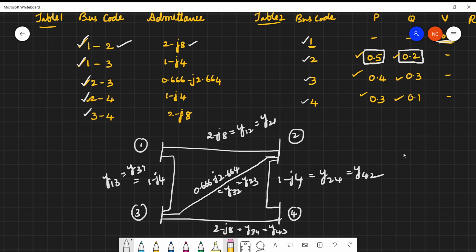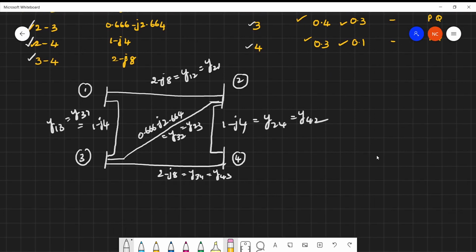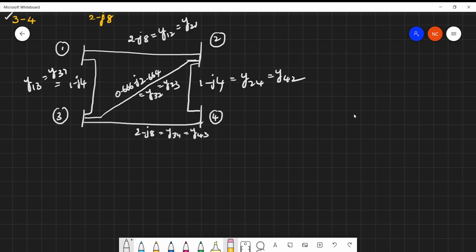From this diagram, we can obtain the Y bus using the inspection method.